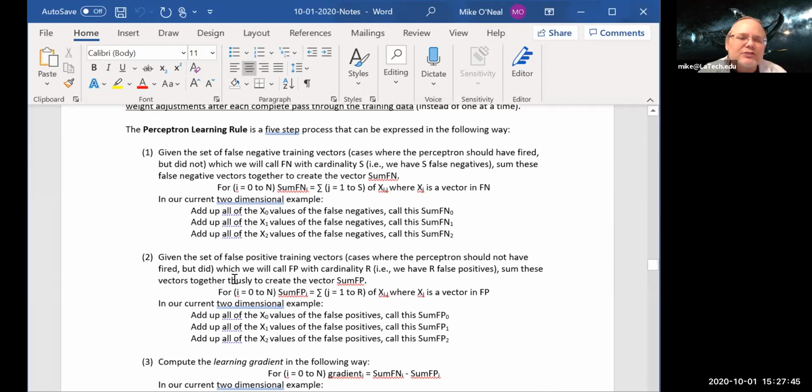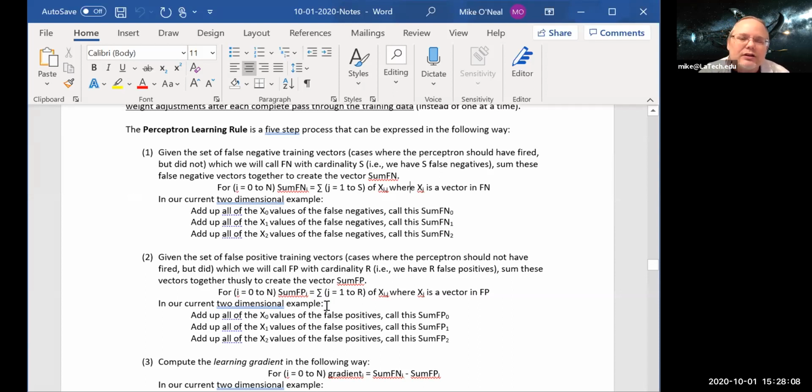Same thing for the sum of the false positives. It's exactly the same thing. Gather together all of your false positives. You probably have R of them. You've got some variable that represents how many you had. If S was 2 in this case, for false negatives, in this case, for false positives, we only have 1, so R would just be 1, okay?